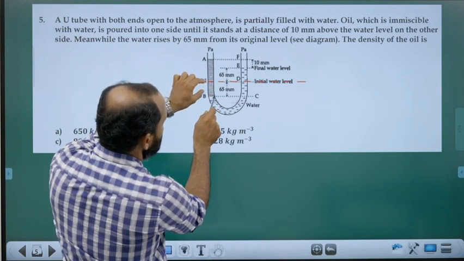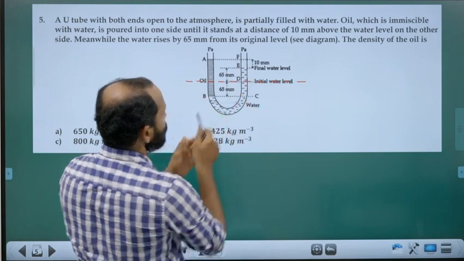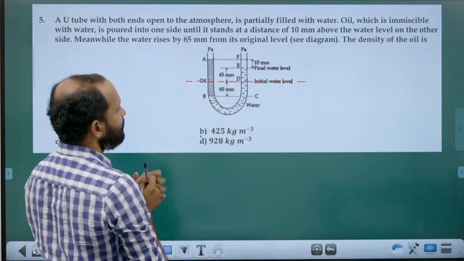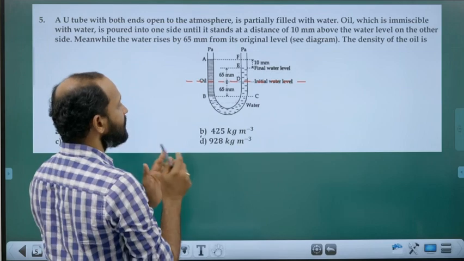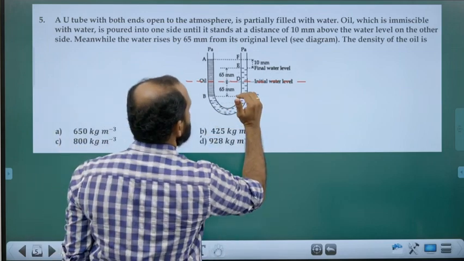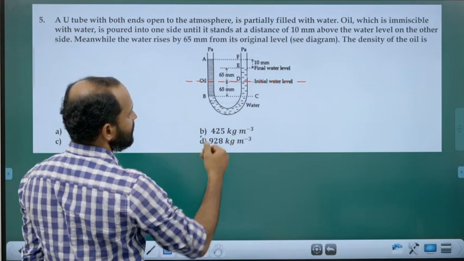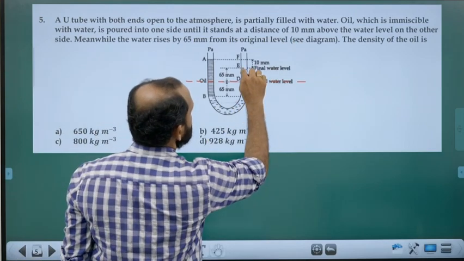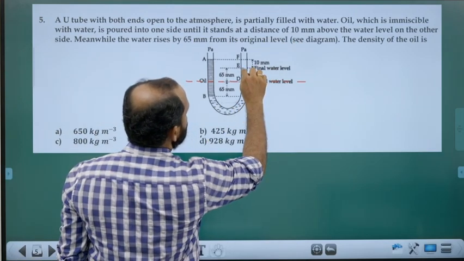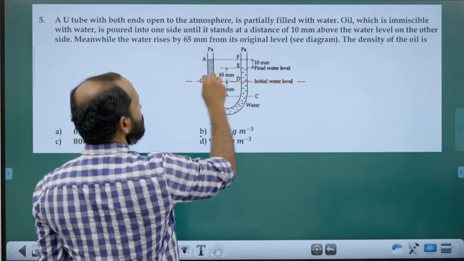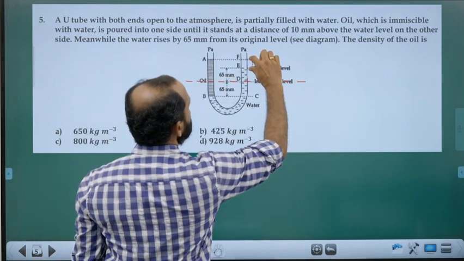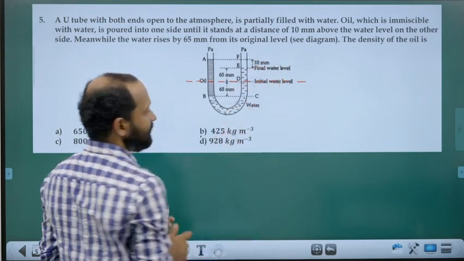As the area of cross section of the U-tube limbs is the same, and water is incompressible, it rises through the same height in the other limb. So the water has reached this level. Now the oil level in the other limb is higher by 10 millimeter, it is given. That is also noted here.